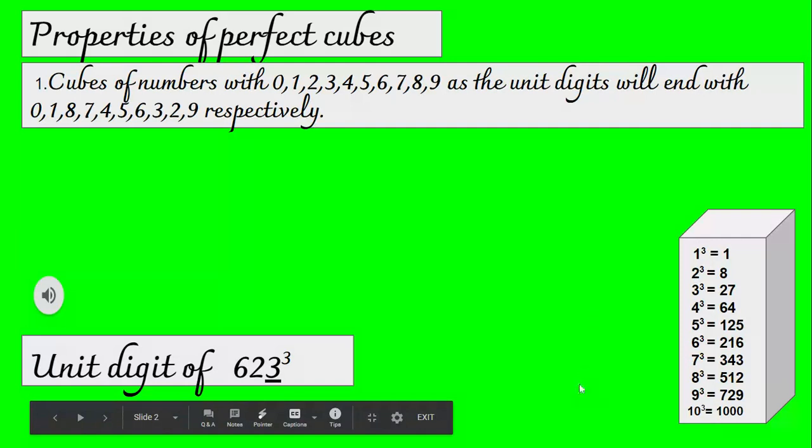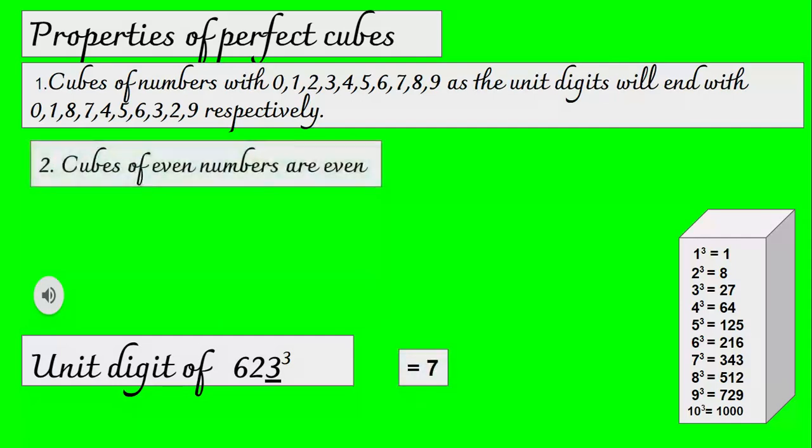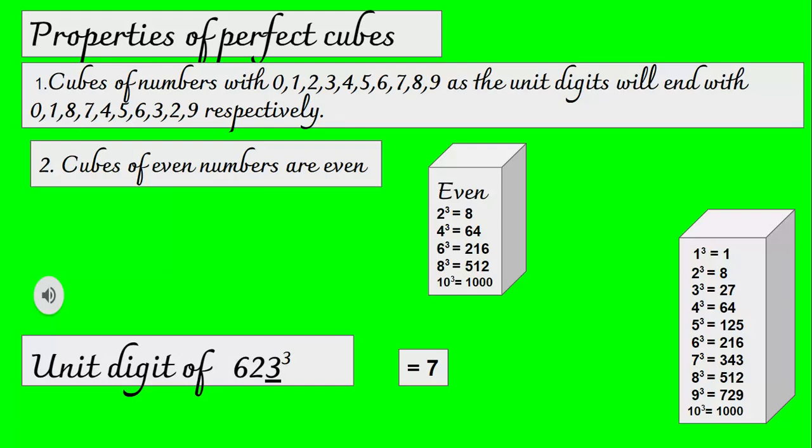Now we can see the second property, that is, cubes of even numbers are even. This is another interesting thing. Look at the pattern here. In the first few perfect cubes, any number which is even means the number is completely divisible by 2, isn't it?